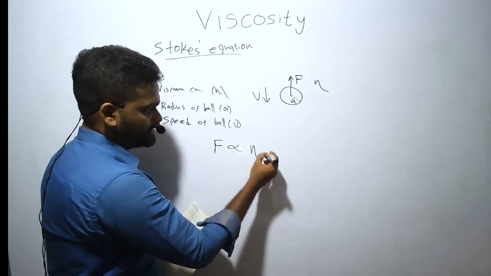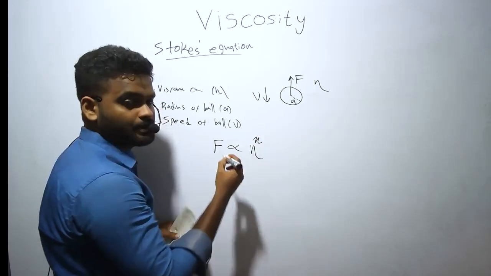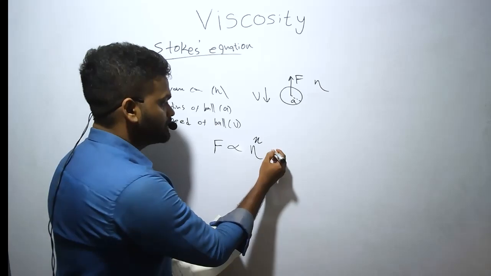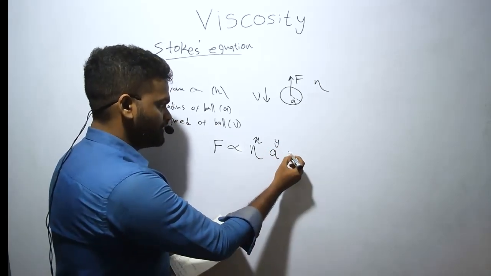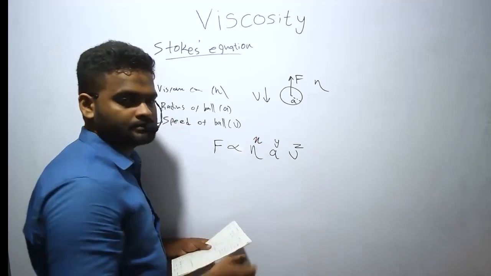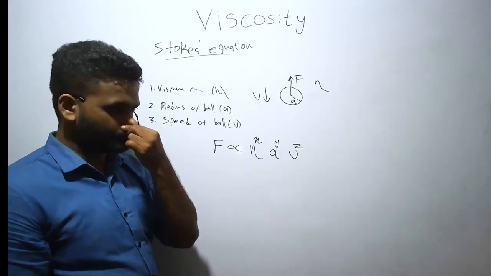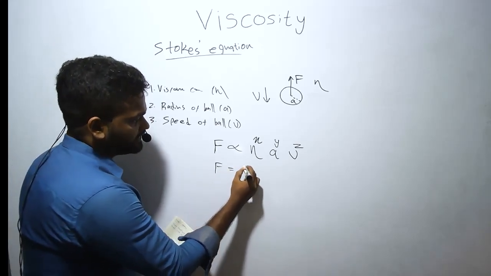Let's say eta, we don't know to the power which. So you put eta to the power x, then radius to the power y, velocity to the power z. Then you just have to find these powers, right? So first let's write an equation.